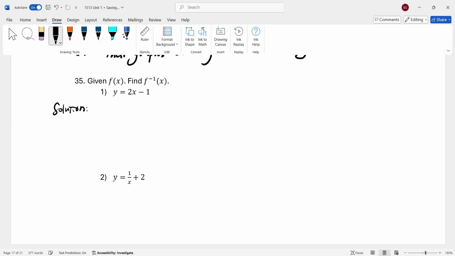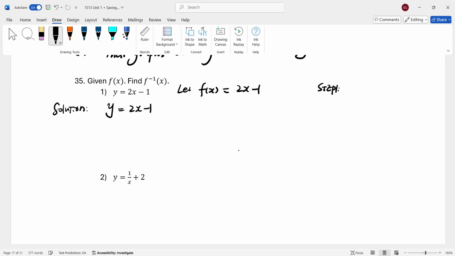Okay, so if we are given f of x equals 2x minus 1, right? Let f of x equals 2x minus 1. Then we firstly replace f of x with y. Y equals 2x minus 1, right? Okay, I can write down the steps.